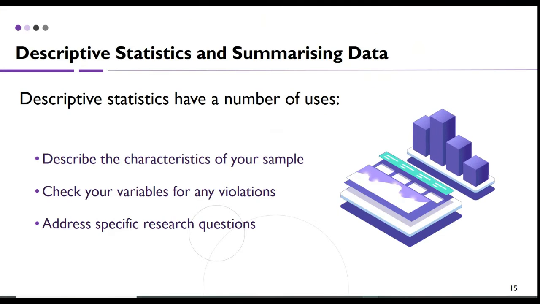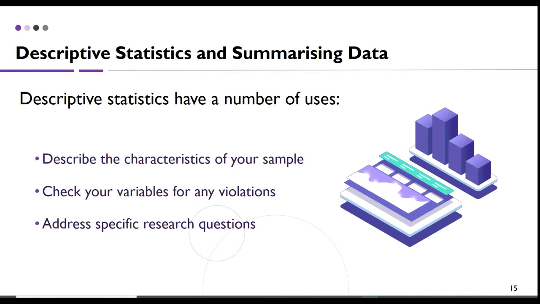Descriptive statistics have a number of uses. These descriptive statistics can be used for univariate or sometimes bivariate analysis. Why do we use descriptive statistics? Because we want to describe the characteristics of our sample. The term descriptive comes from the word describe.